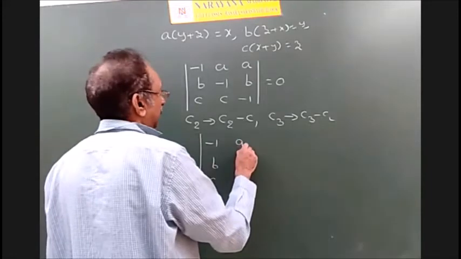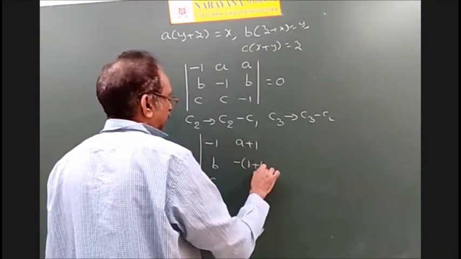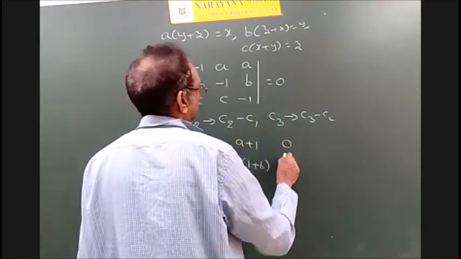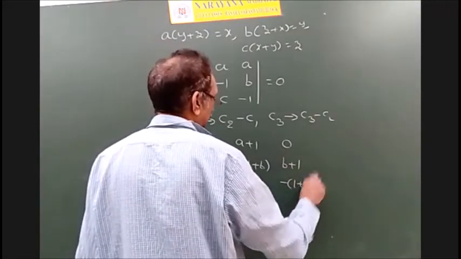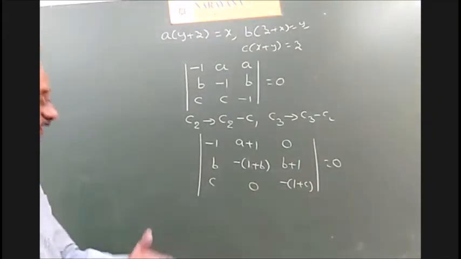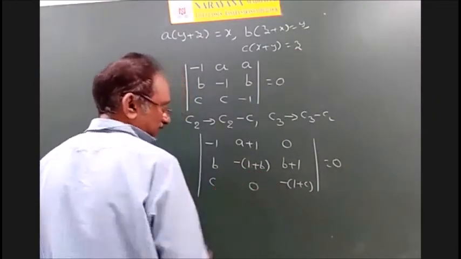C2 minus C1: a plus 1, minus 1 minus b, that is minus of 1 plus b, c minus c is 0. C3 minus C2: 0, this is b plus 1, this is minus of 1 plus c, is equal to 0. And now expand this. This is minus 1 into this.